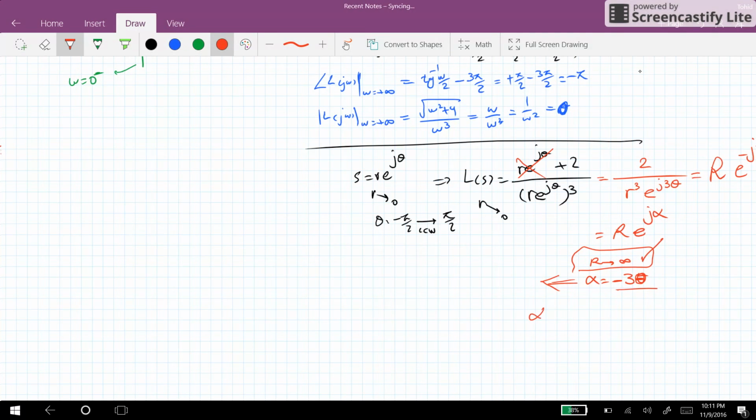So since theta goes from minus pi over 2 to pi over 2 in a counterclockwise way, alpha will go from minus 3 times theta, or 3 pi over 2, to minus 3 pi over 2 in a clockwise way.